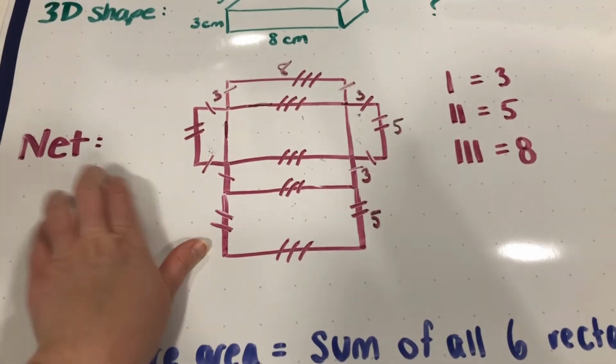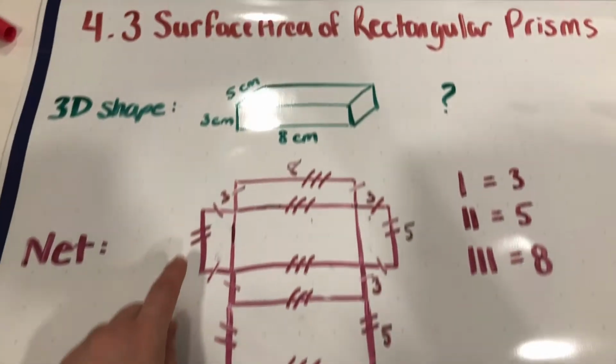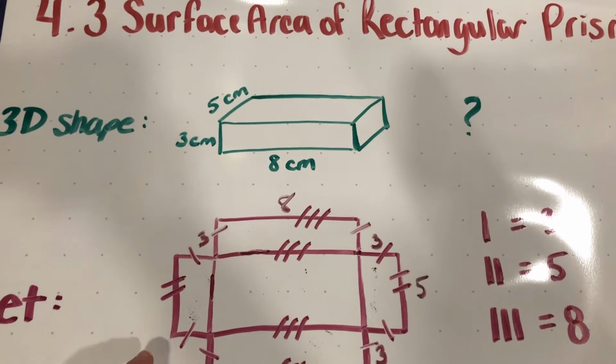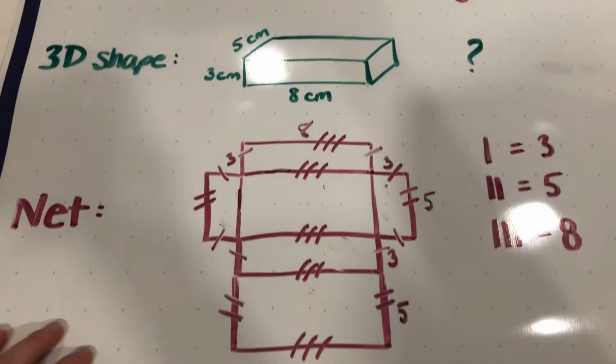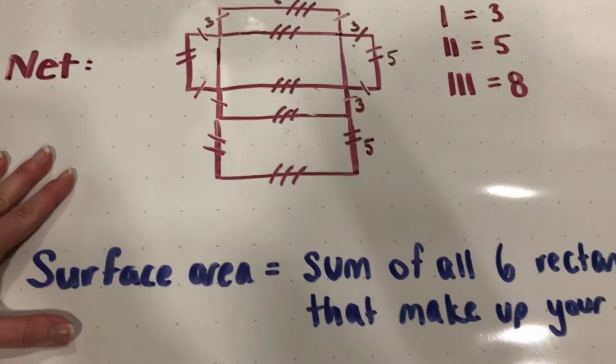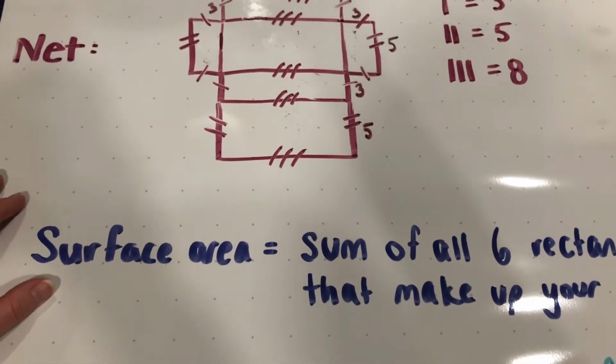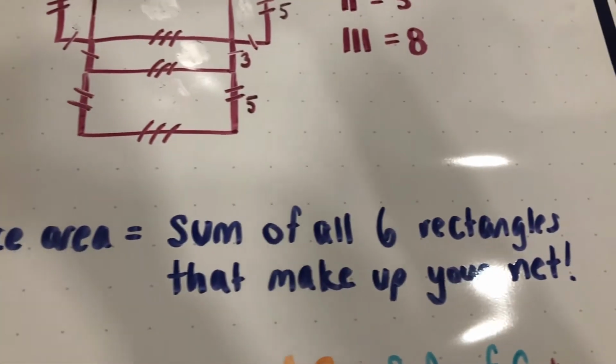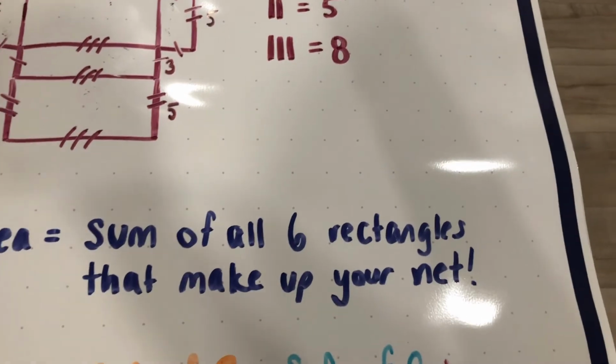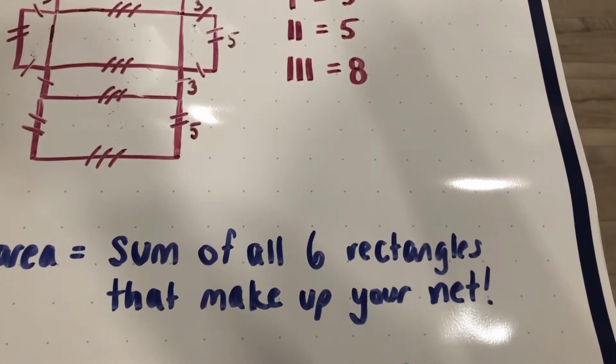And now we're going to calculate the surface area of our 3D shape. There's a specific calculation we're going to look at. Surface area is equal to the sum of all 6 rectangles that make up your net.